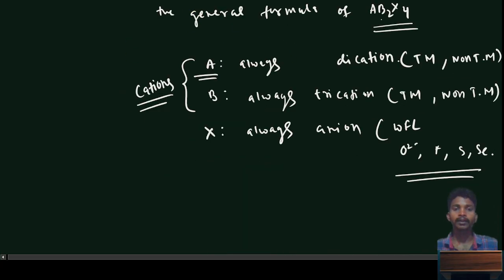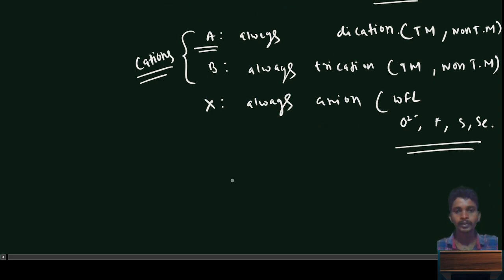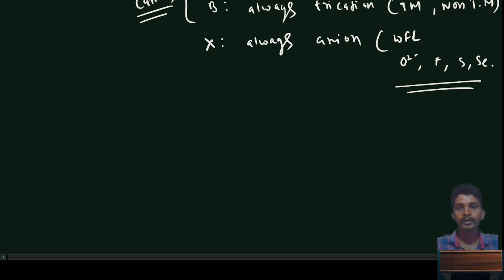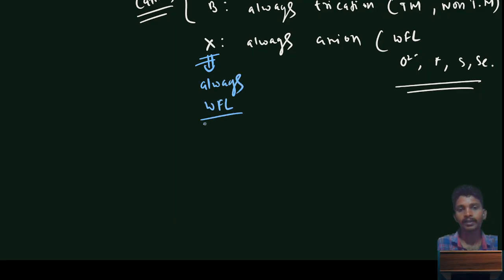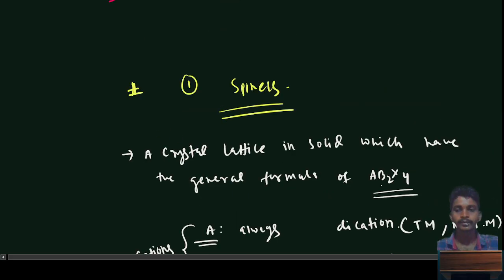So what we understand is that since X is always a weak field ligand, high spin complexes will always form. There is no low spin complex that will form in this crystal lattice.